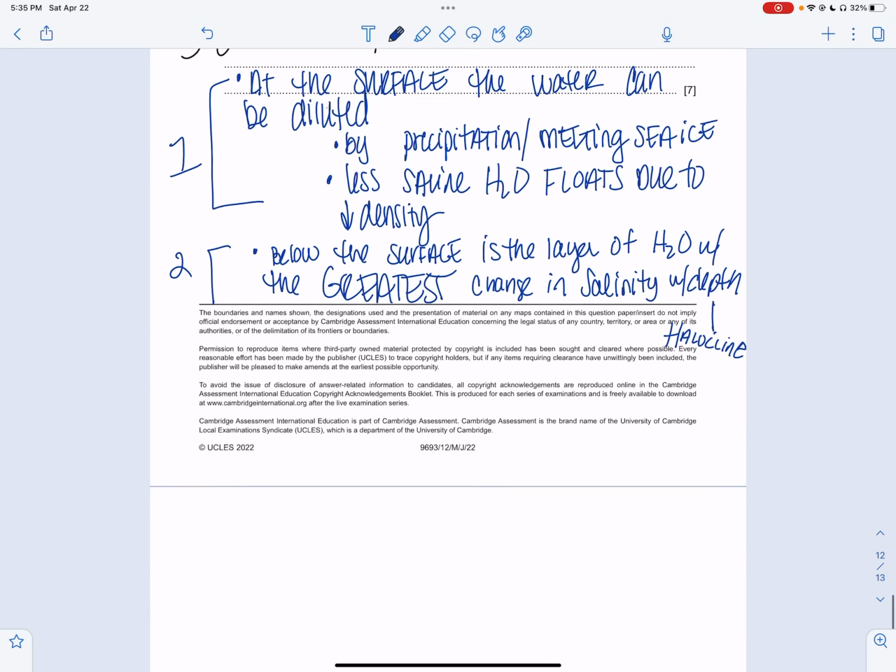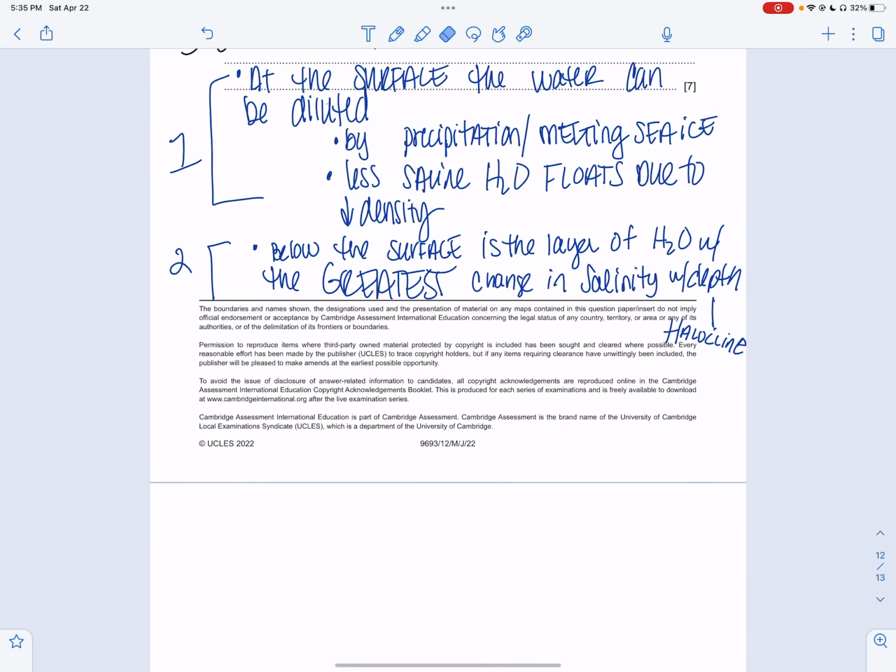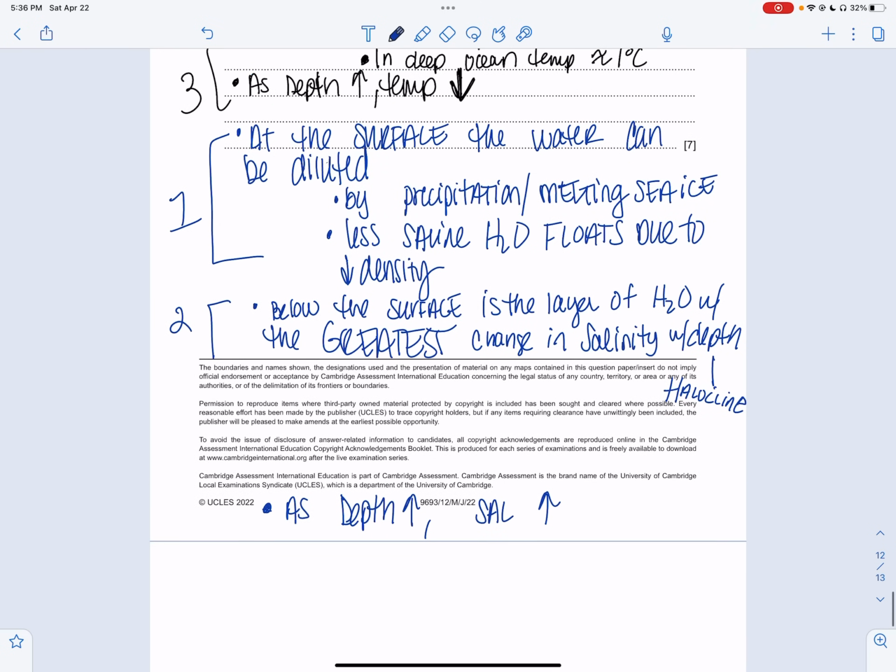All right, almost done. As depth increases, salinity increases. You don't need to say why. You already said that less saline water will float because it is low density.